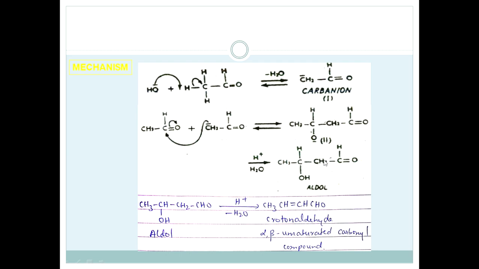Finally, it forms the aldol. So this aldol easily gets dehydrated on warming with dilute acids to form alpha, beta unsaturated compound.